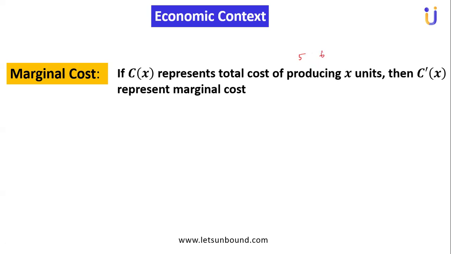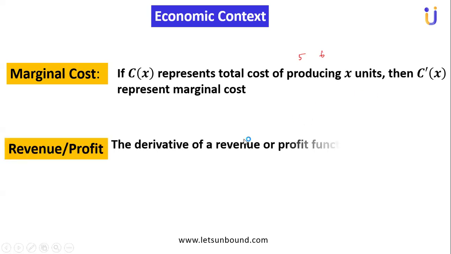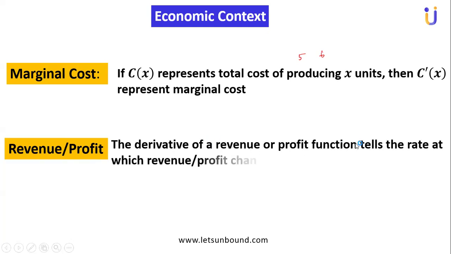That is what marginal cost gives, and C dash of x represents the marginal cost. And also revenue or profit. The derivative tells the rate at which the revenue or profit changes as the production level changes. At some production level, the profit will increase, at another the profit will decrease. So this is the context in economics.